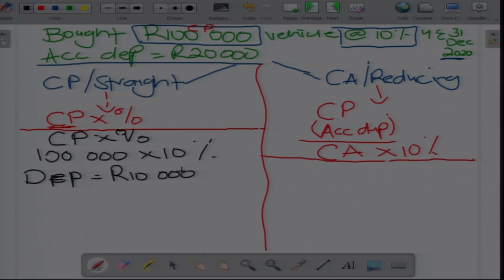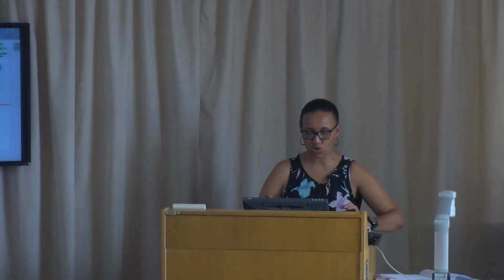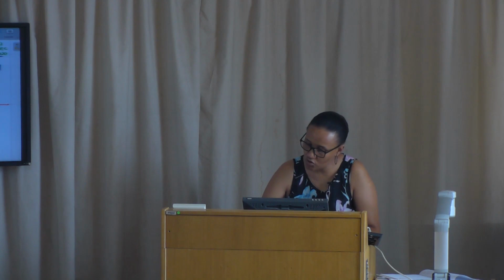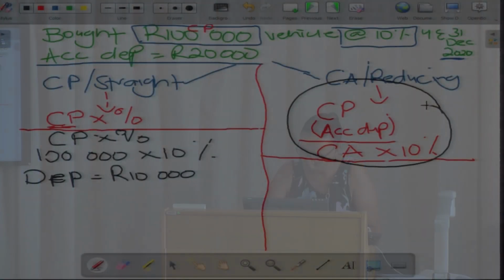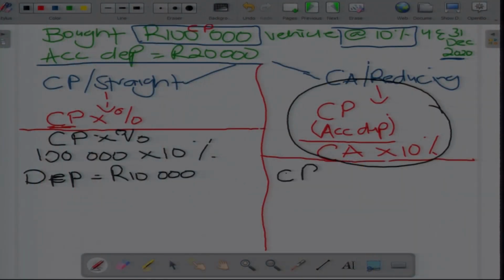Okay. Now, with our carrying amount, how do we calculate depreciation? With carrying amount, you always need to use the formula. So you're going to say cost price minus accumulative depreciation equals to my carrying amount.